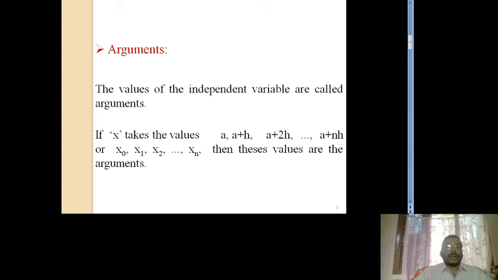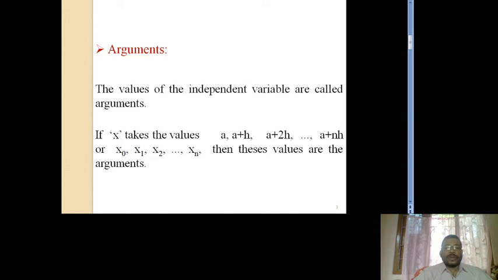So, in finite difference there are some important definitions. At the very outset we shall discuss the arguments, entries and some different operators. First, the argument. The values of the independent variable are called arguments.